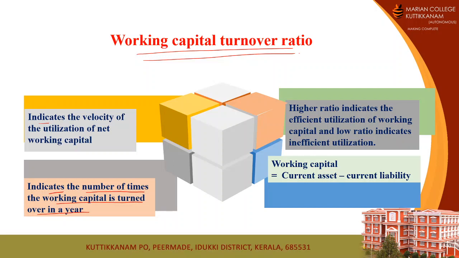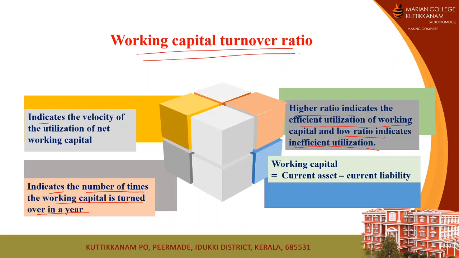Then how can we interpret this working capital turnover ratio? The higher the ratio, it shows the efficient utilization of working capital, and the lower the working capital turnover ratio, it indicates the inefficient utilization of working capital.